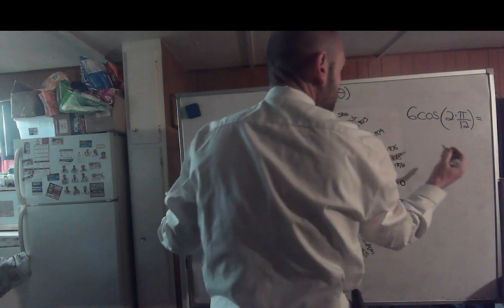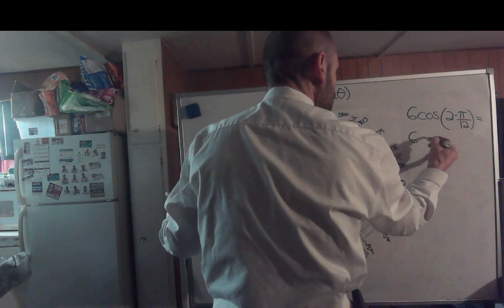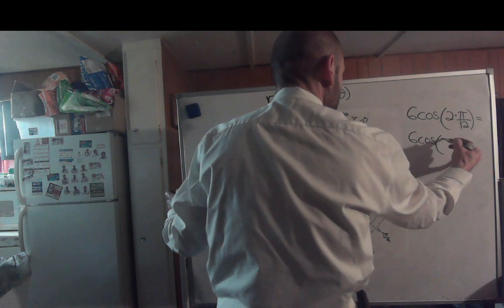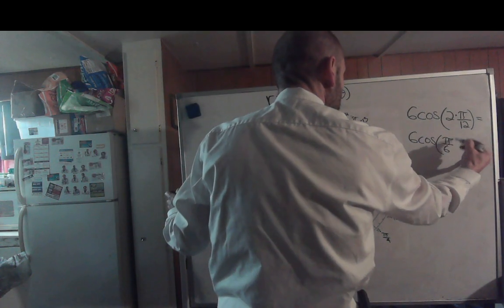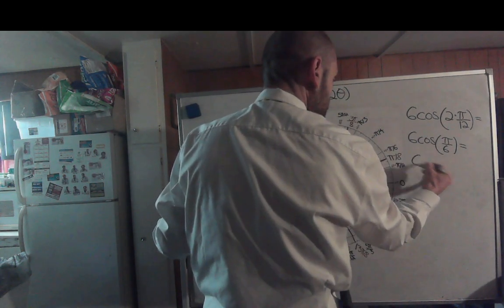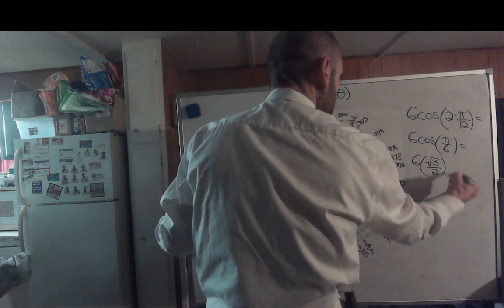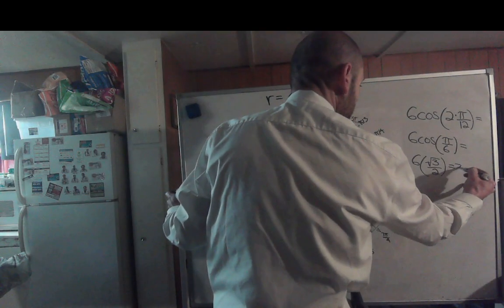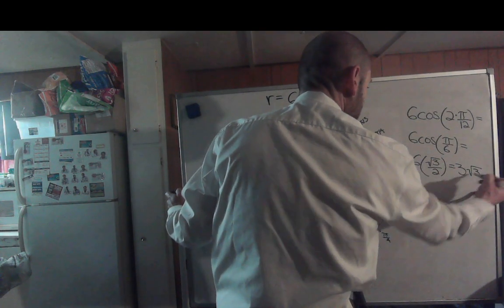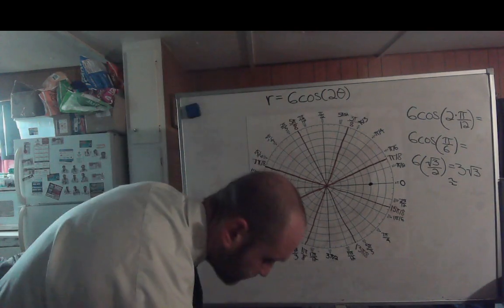What does that give you then? That would end up giving you 6 times the cosine of pi over 6. Cosine of pi over 6 is the square root of 3 over 2. Well, that would end up giving you 3 times the square root of 3. Let's see what we get for an approximate decimal value here.